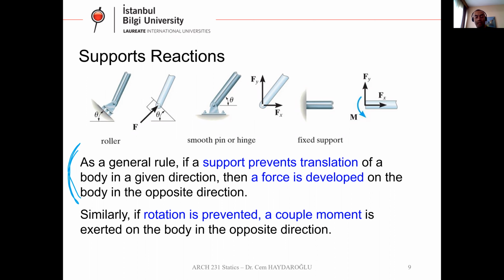Let me change the color. Is this better? Okay, the red arrow comes from the structural system. The structural system is this. I don't know what it is, but you can see a structural member. The support reaction is not this one. Support reaction is the support gives back a loading in the opposite direction.